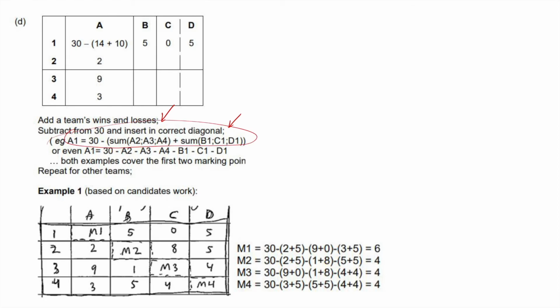Both examples cover the first two. So basically we just do whatever was right here and repeat it for other teams. Here there's just different labeling that's been given. It says M1, M2, M3, and M4 for macros. But again, just using the actual cell where it's supposed to be inserted works perfectly fine as well.